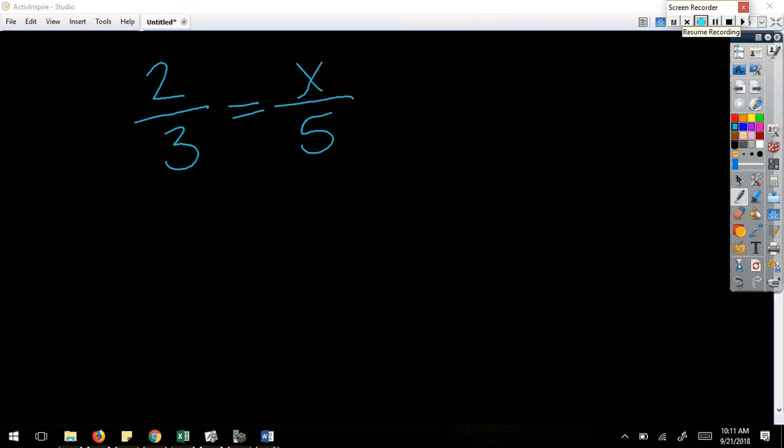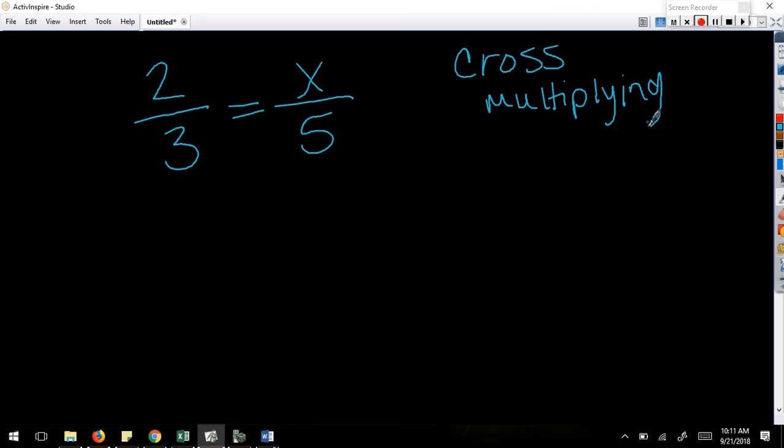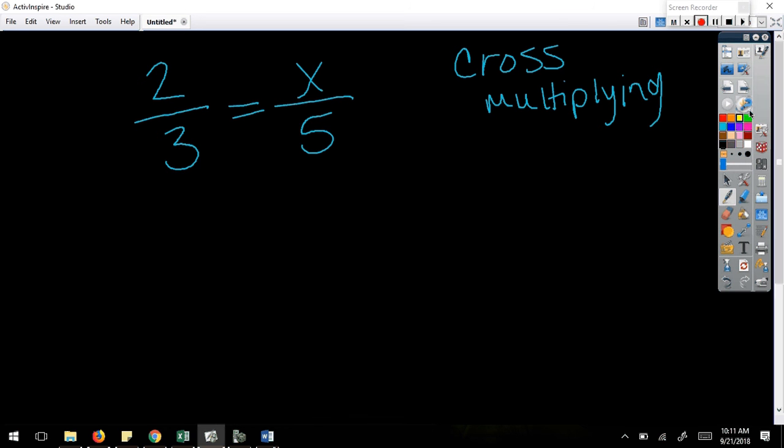When I have a proportion with a variable in it, several of you have already said, oh, I know what to do. This is where you cross it. So we do what we call cross multiplying. We take the top of the first fraction and multiply it to the bottom of the second.